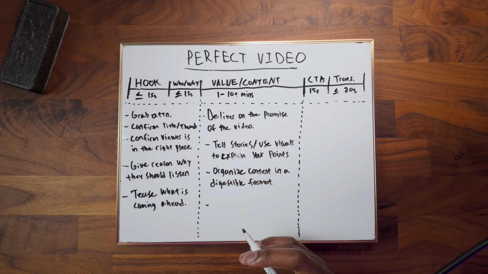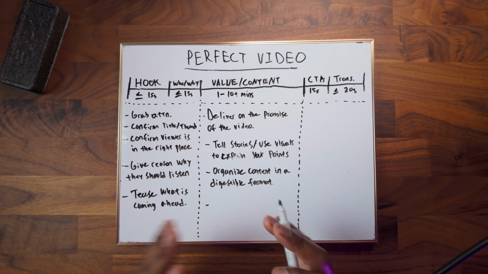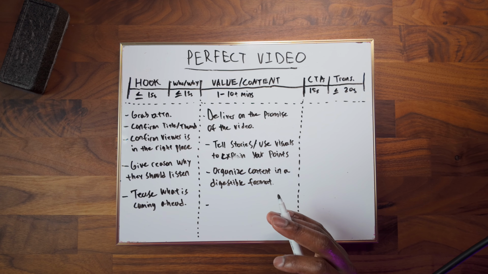The last point that I'll make about the value/content section is that you don't necessarily have to make it super long. It doesn't have to be some long and drawn out video unless it really does require that. But the most important thing is actually the value per second, not necessarily the amount of seconds of value, if you will.